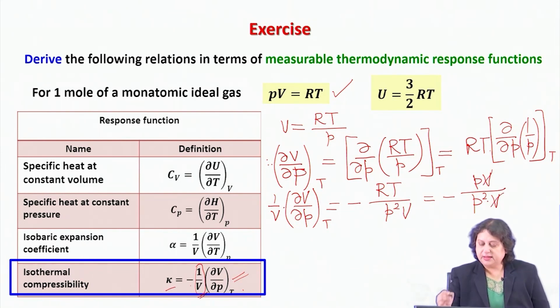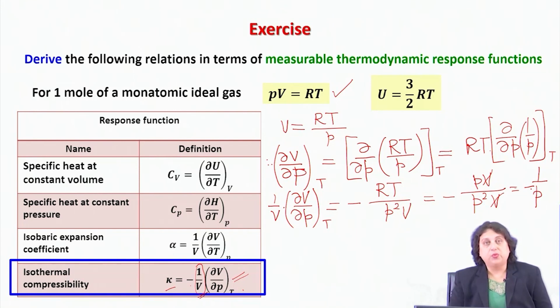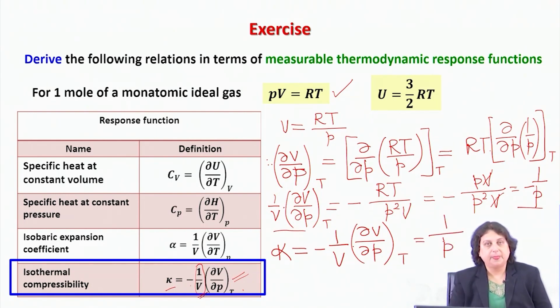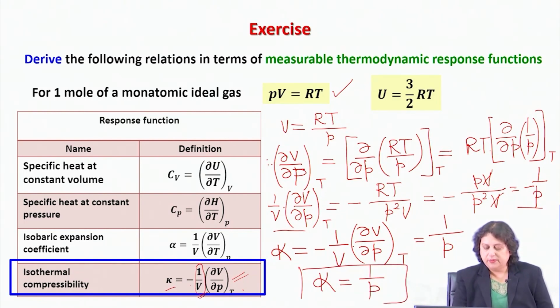So V would cancel out and I will have minus 1 by P on the right hand side. Therefore, what is kappa? Kappa is equal to minus 1 by V into del V del P at constant T. By this expression, this is nothing but 1 by P. So now you have been able to show that kappa is equal to 1 by P for an ideal gas.